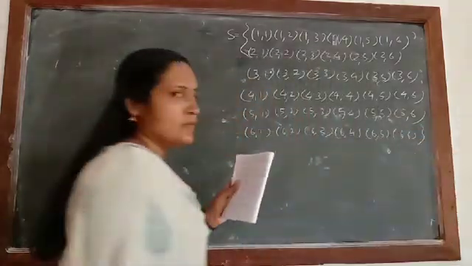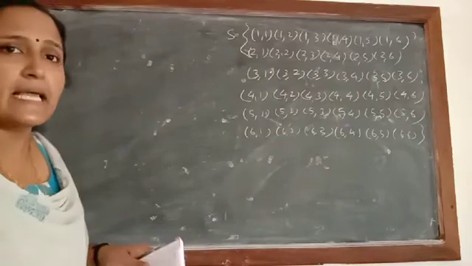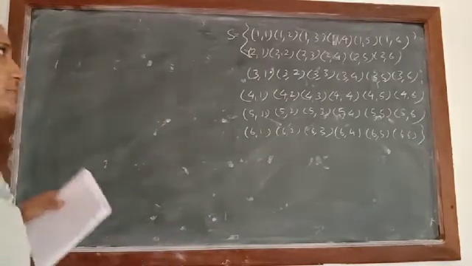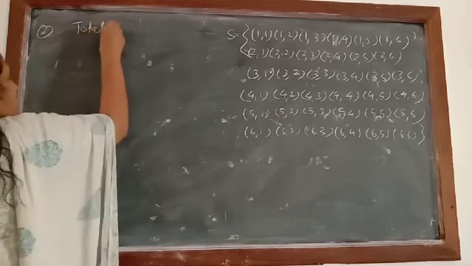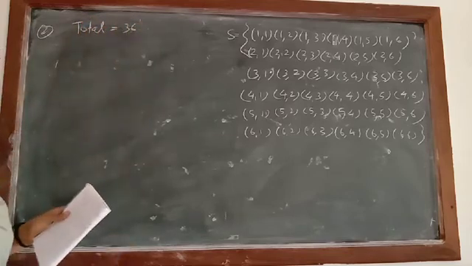So total 36 elements are there in the sample space. The total outcomes is equal to 36.